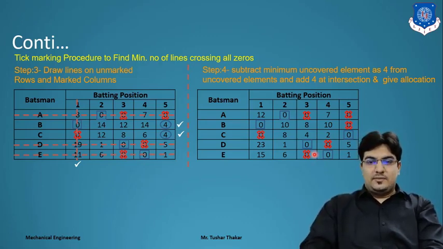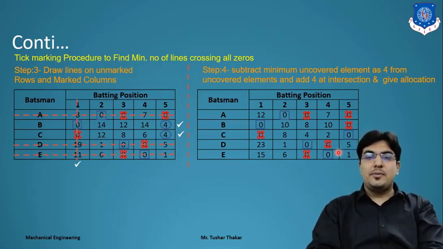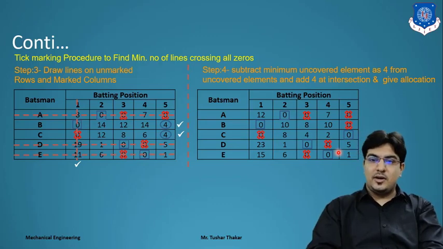See one thing here: we can give the assignment over here, so we cancel out this. Also we can give the assignment over here and cancel out the others. So the batting positions of D and E batsmen may be interchanged, and that is known as a multiple optimal solution. So this problem contains multiple optimal solutions.